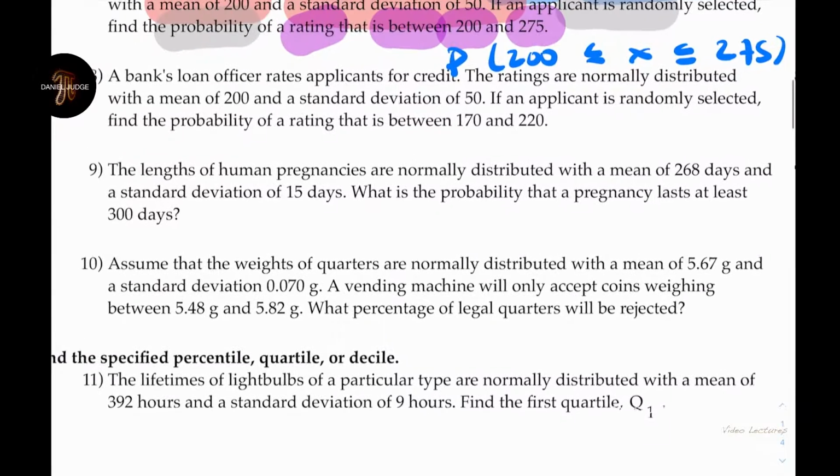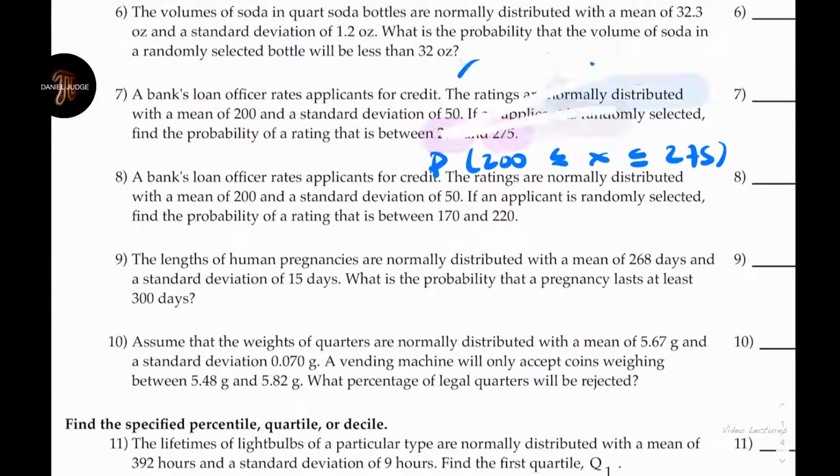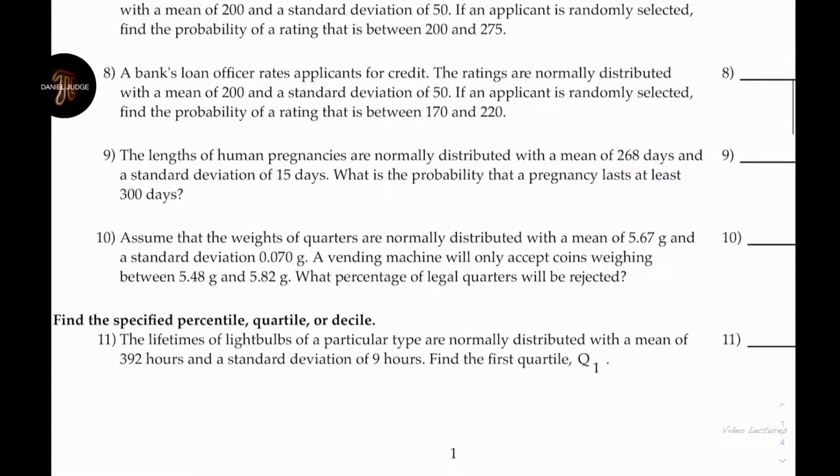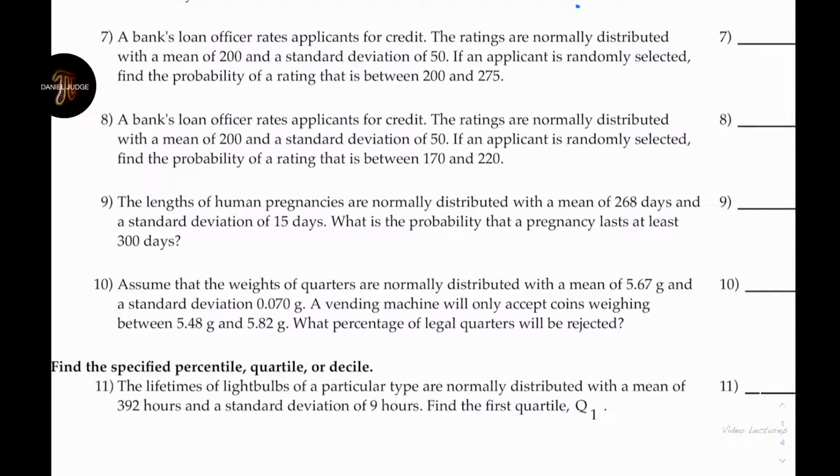All right, let's try number 8 here. Oh, it looks like it's very similar to number 7. I said, wait a minute, a bank's loan officer ratings are normally distributed? Oh, that's the same as number 7. So this is X. X equals the ratings.